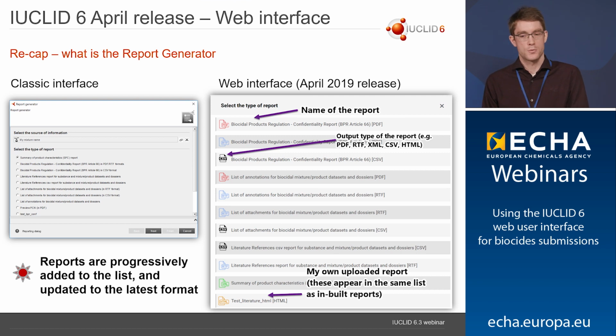And this also includes your own uploaded reports if you have uploaded these manually via the classic interface. So all reports are now available to be generated from the web interface. We progressively add reports to this list where there is a business need, and we also update these reports to the latest Euclid format, which currently is Euclid 6.3.